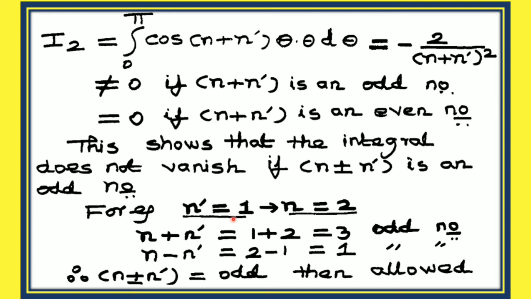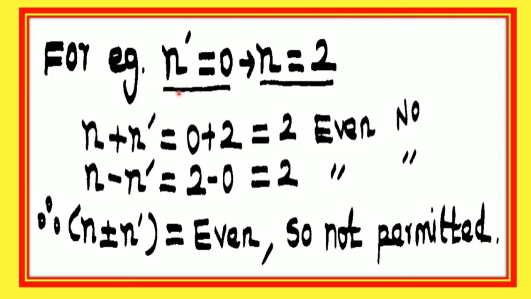In another case, the transition takes place from 0 to 2. You know that delta n equals 2 in this case, so this is not allowed. We have proved it from the transition moment integral.